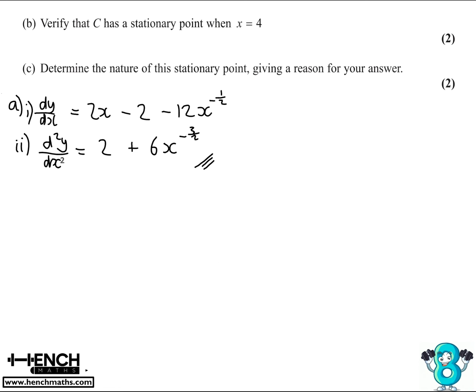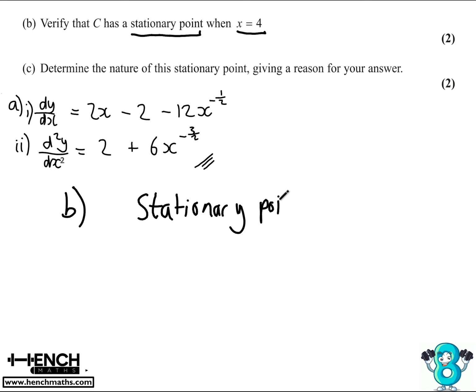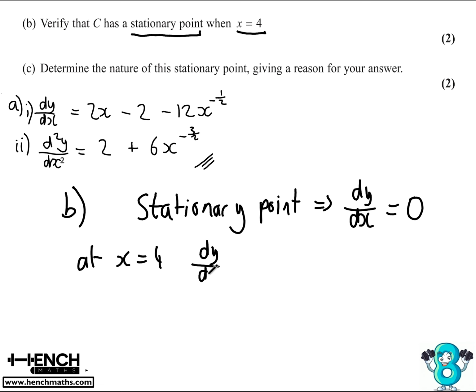In part B, we need to verify that the curve has a stationary point at x equals 4. So let's remind ourselves, a stationary point implies that dy by dx is equal to 0. So we're going to sub x equals 4 into our dy by dx. So at x equals 4, dy by dx is going to equal 2 multiplied by 4, subtract 2, minus 12, 4 to the power of negative half.